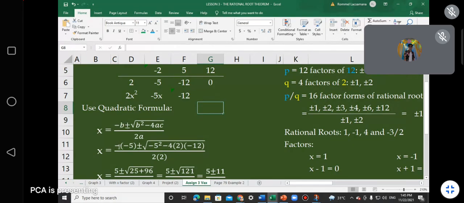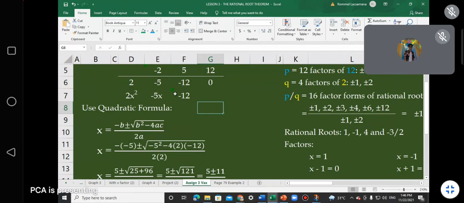B must be replaced by negative 5. You do not touch the negative 5 before the B because it will give you another sign. B squared is negative 5 raised to 2. What about letter C? It is negative 12.